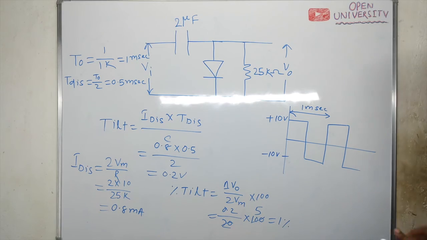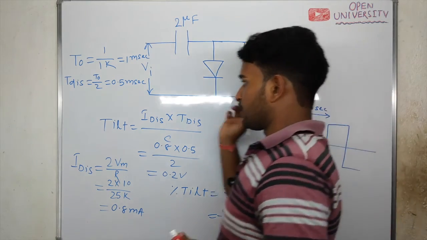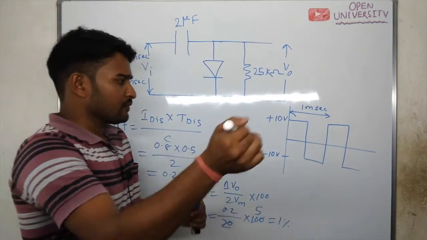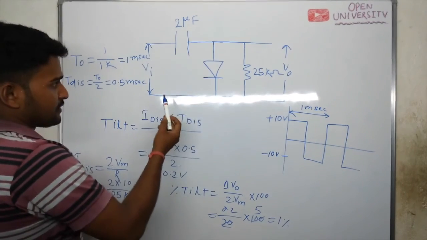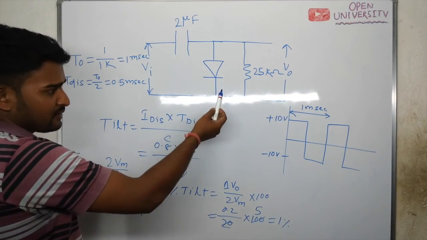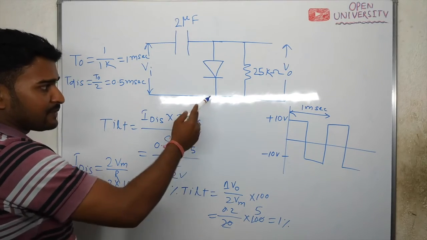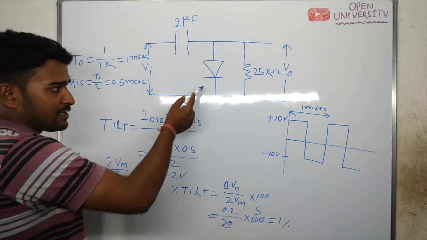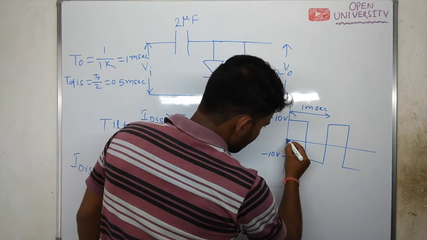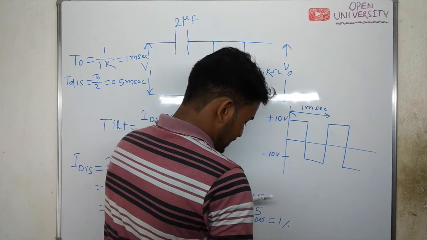The question also asks to plot the output waveform. What is the reference voltage? 0 volt. So it is a negative clamper; it will clamp its positive peak to the reference voltage, that is 0 volt. So the output waveform will be something like this.